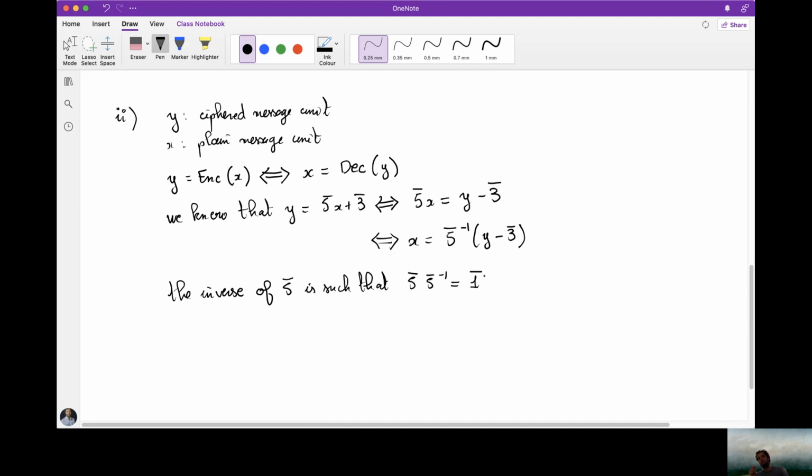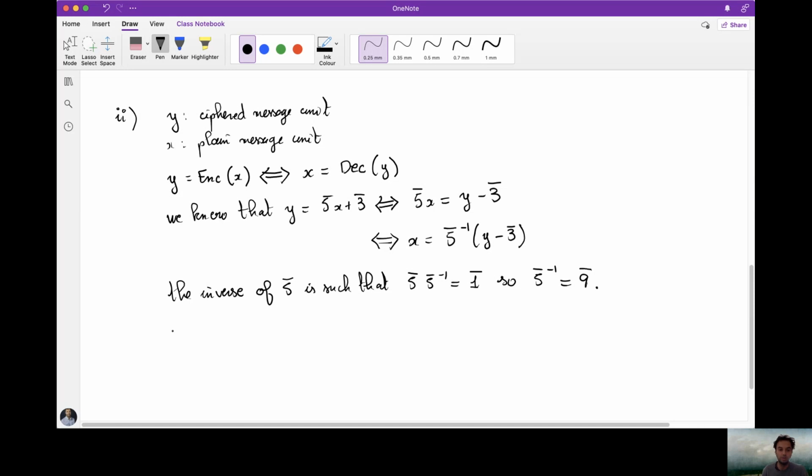You can just try all numbers, or use the extended Euclidean algorithm. But here, you can notice that 5 times 9 is 45, and 45 is equal to 1 modulo 11. So 5 to the minus 1 is the same as 9.